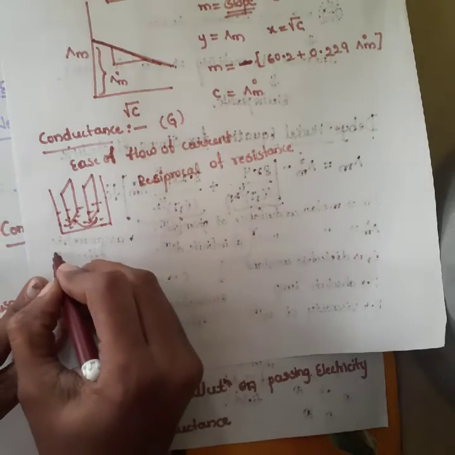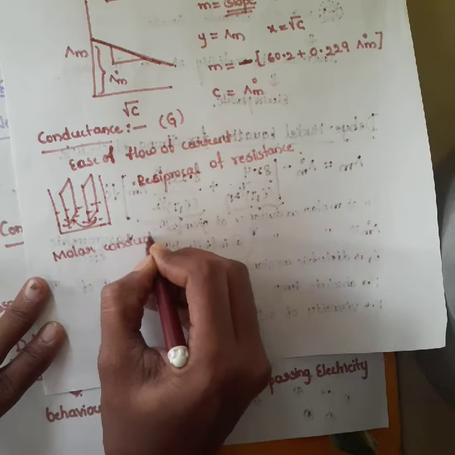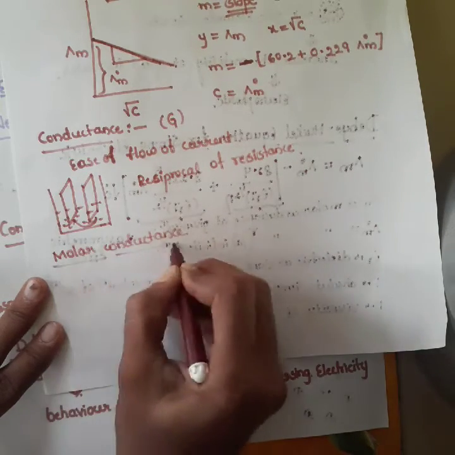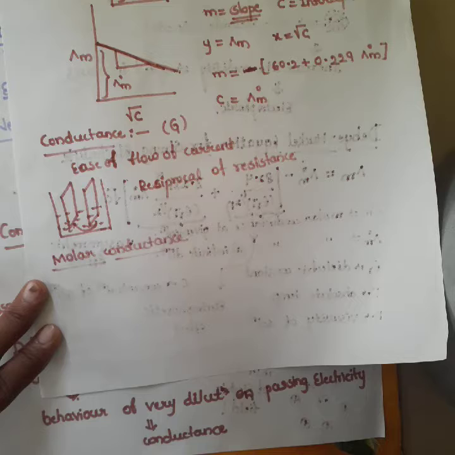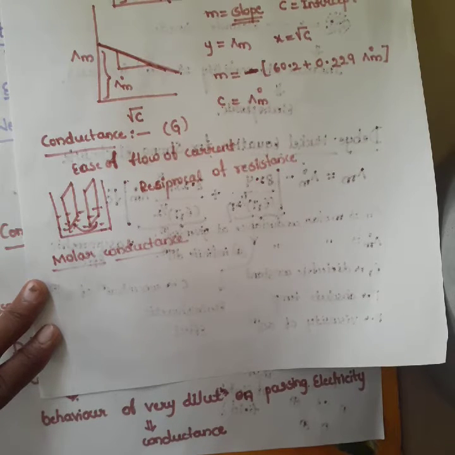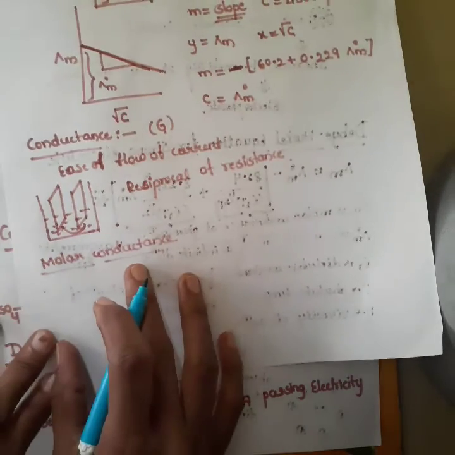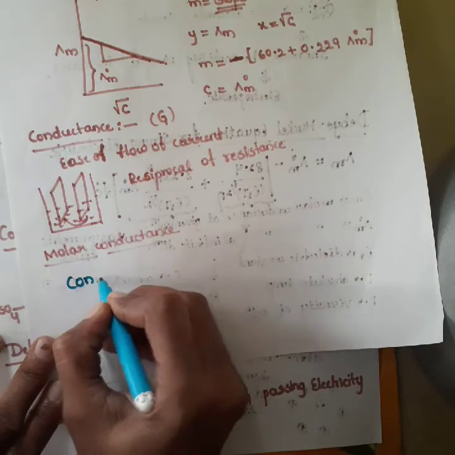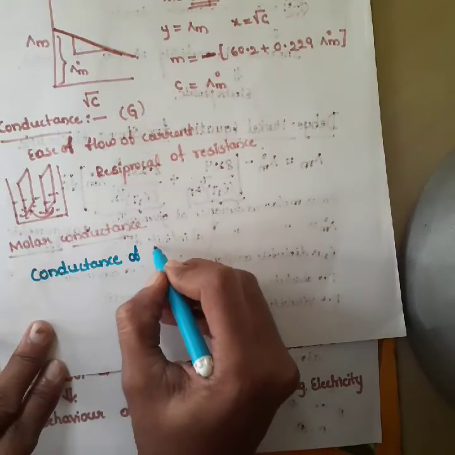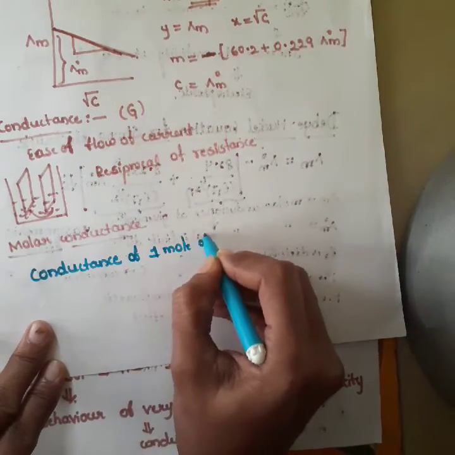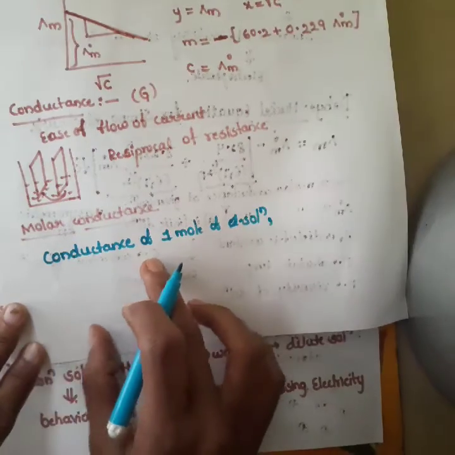Next definition is molar conductance. Molar conductance means conductance of 1 mole of solution.